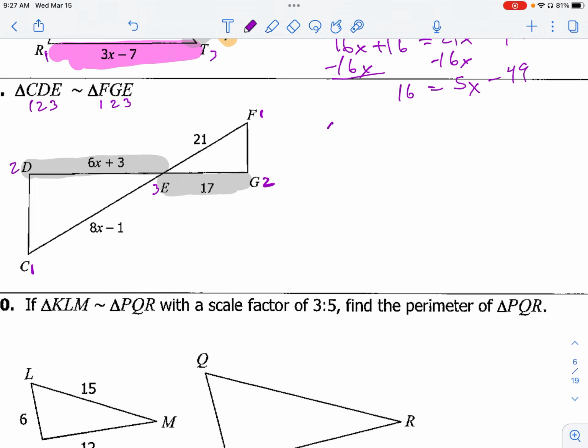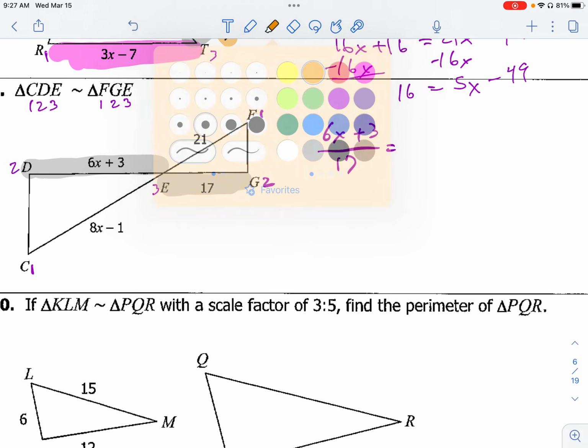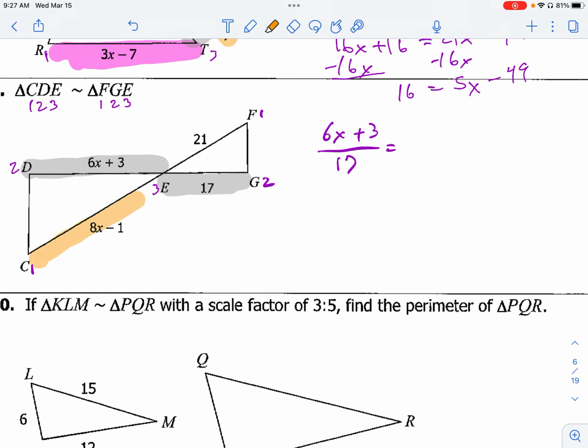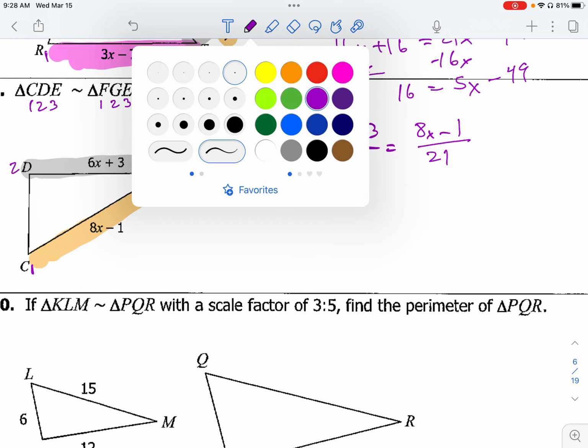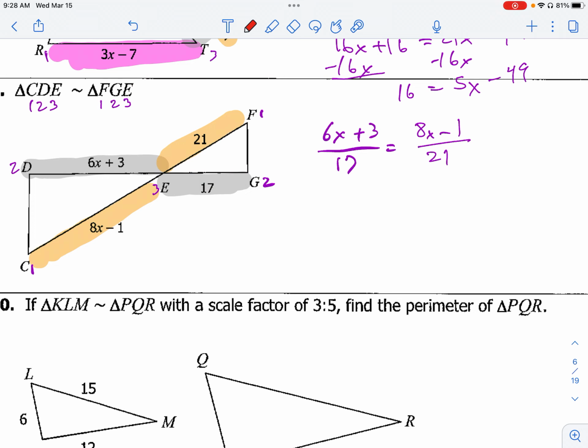CDE goes on top, so I'm going to have 6X plus 3 over 17. And I need it equal to something. And I got another X here between 1 and 3. And here's my matching 1 and 3. So 8X minus 1 over 21. So that's where we're starting.